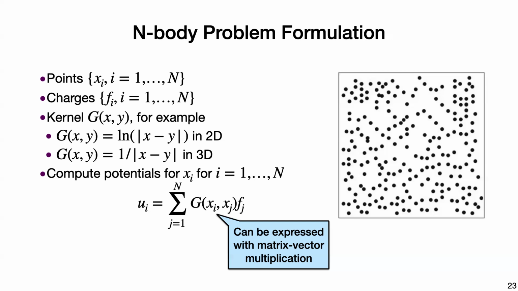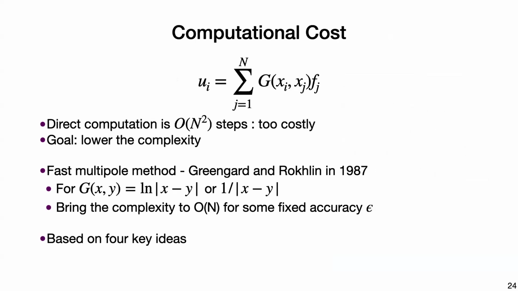That can be expressed as a matrix-vector multiplication. Every entry ij of the matrix is g(x_i, x_j), and the vector that goes in is f sub j, which is the initial configuration, and you get out the effect, u sub i. This is the same as before, just a bit more formal. The direct computation would be order n squared steps, which is too costly, and we want to lower this.